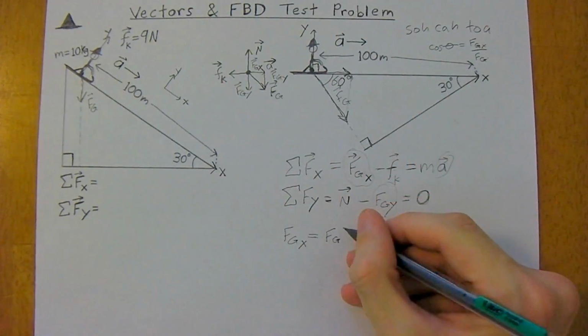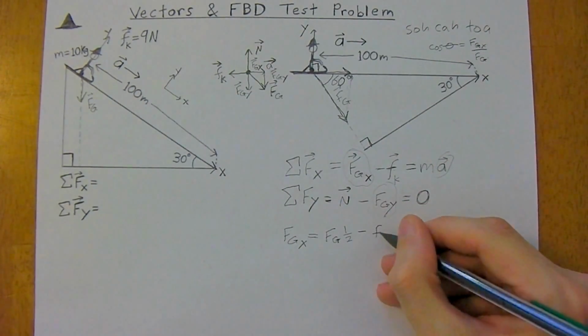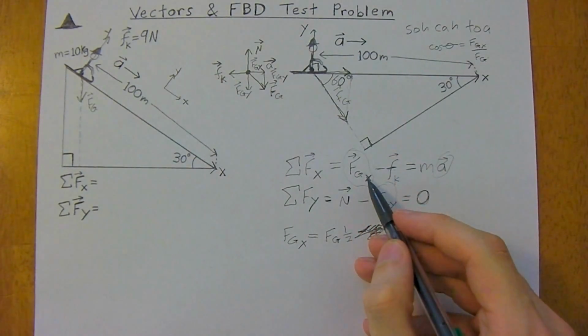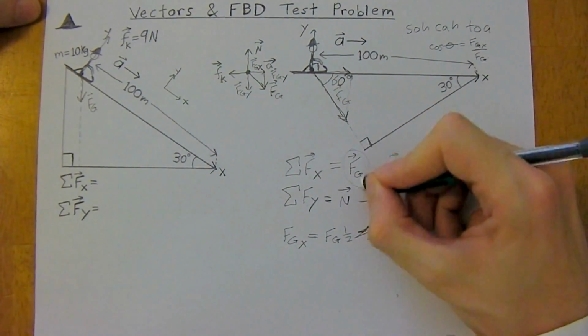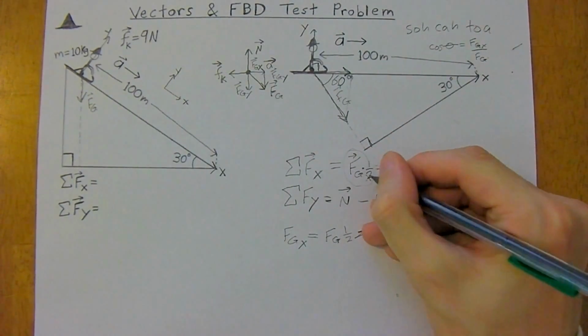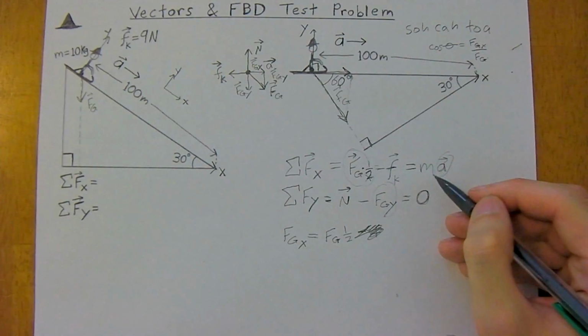So they've made it a lot easier. So 1/2, and we're done there. Now we can represent the force of gravity in the x direction: the force of gravity times 1/2 minus the force of kinetic friction equals mass times acceleration.